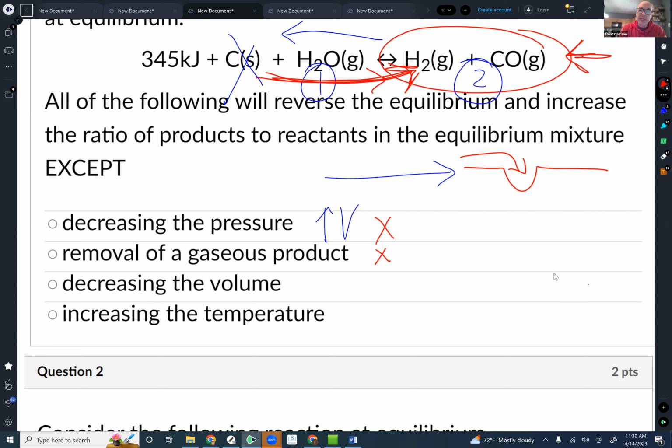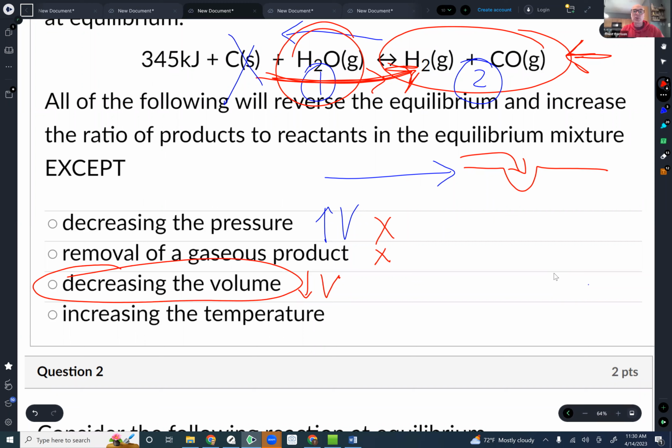Decreasing the volume, that means that you're making it smaller. If the volume goes down, we need to go towards the side where there are fewer particles. This is your correct answer. Increasing the temperature means that you are putting pressure on the left side. It needs to shift to the right. That means it is also not a correct answer.